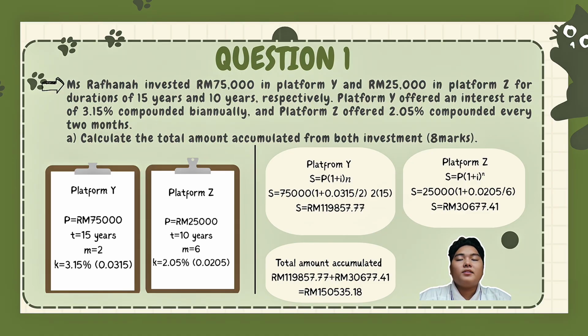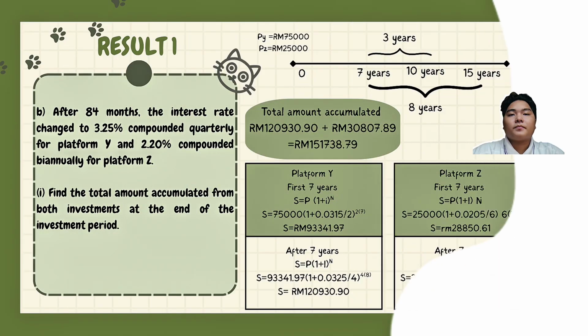Then we apply S equals 25,000 in the bracket 1 plus 0.0205 divided by 6. The total for S is RM 30,677 and 41 cent. So the total amount accumulated is 119,857 ringgit and 77 cent plus 30,677 ringgit 41 cent. So the total amount is 150,535 ringgit and 80 cent.